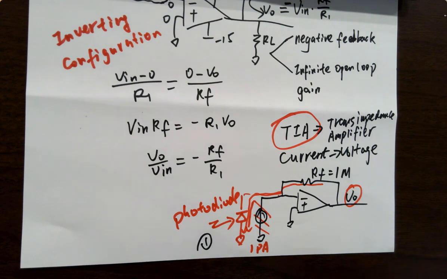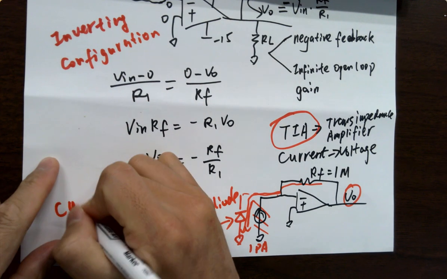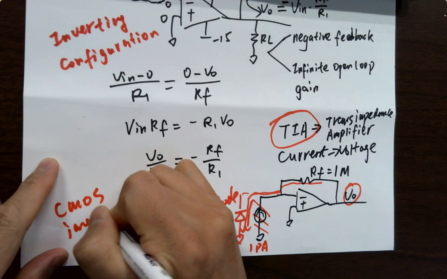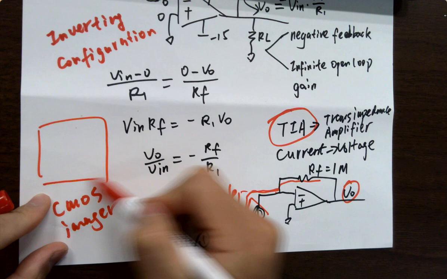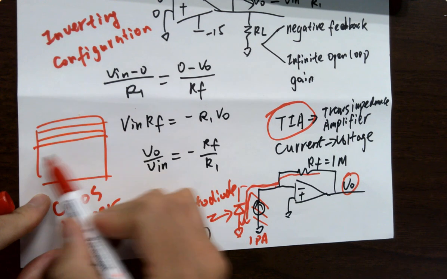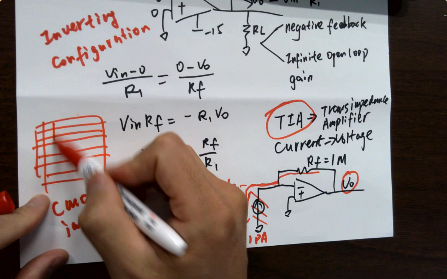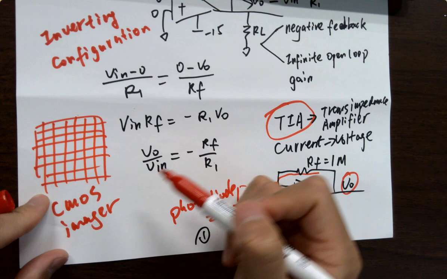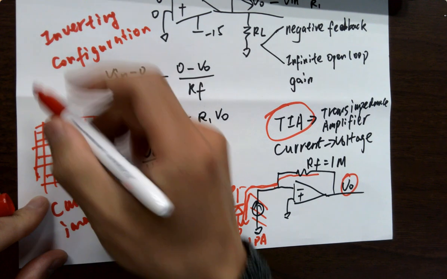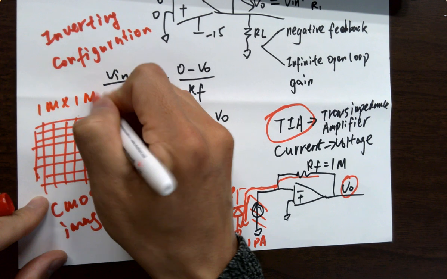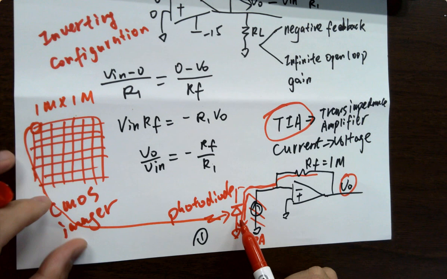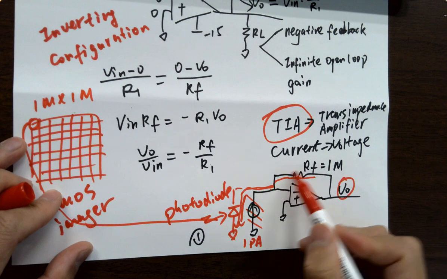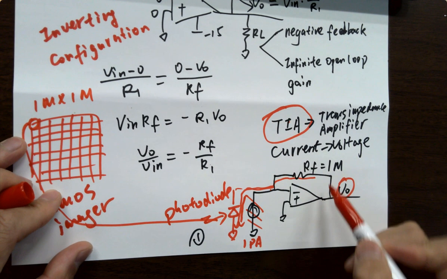So look at our phone, you have a little CMOS imager in there. A digital camera is a chip behind the lens of the camera of the phone, right? So it has, for example, 1 million times 1 million pixels, and every single pixel is basically one little photodiode. And that photodiode is connected to a little TIA, which is a transimpedance amplifier with op-amp on it.